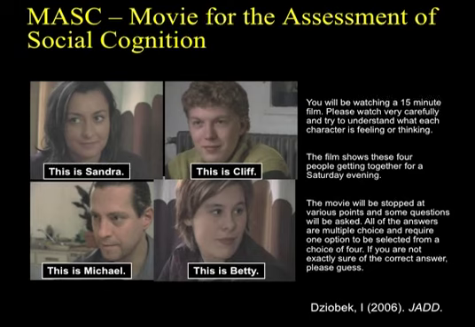You'll be watching a movie that's interrupted every so often, and you're asked questions about what the characters are feeling or thinking during what I think is a dinner party scene. This gives you the instructions, including that if you're not sure, you're supposed to guess, so that we always get an answer to all the questions.